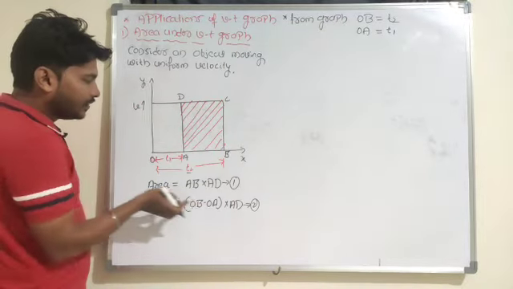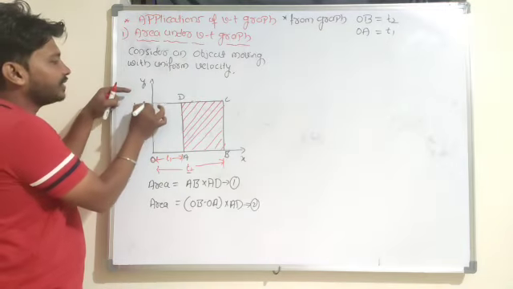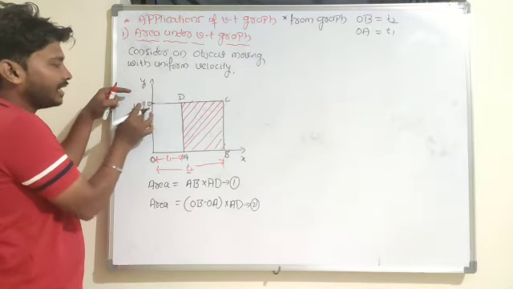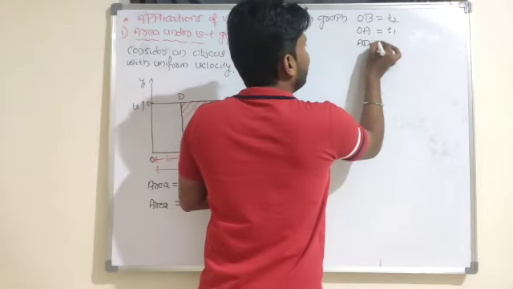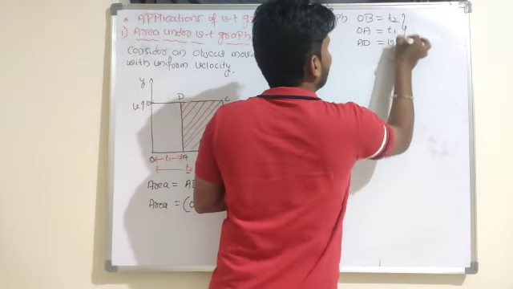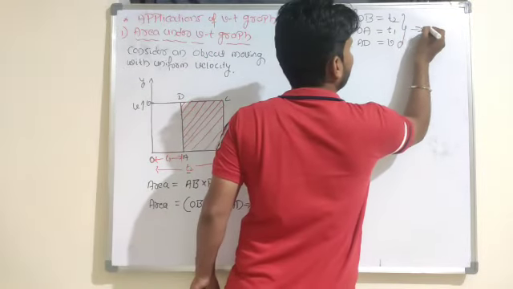And AD: along the y-axis, which quantity is there? Velocity. For example, at this point the velocity is V, and AD is equal to V. The entire thing I will take as equation 3.